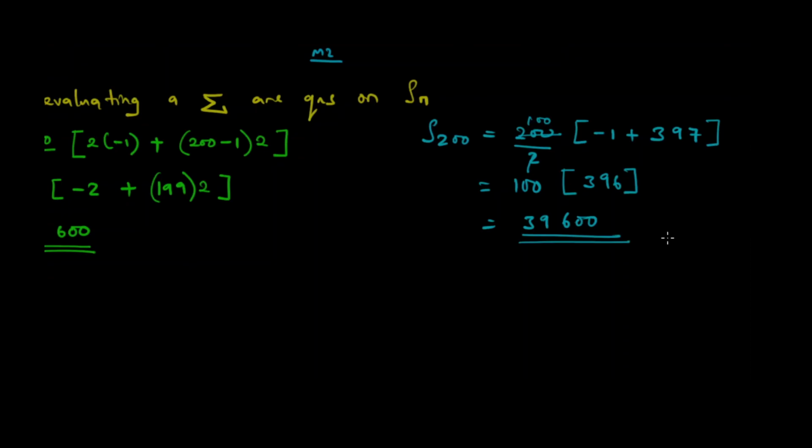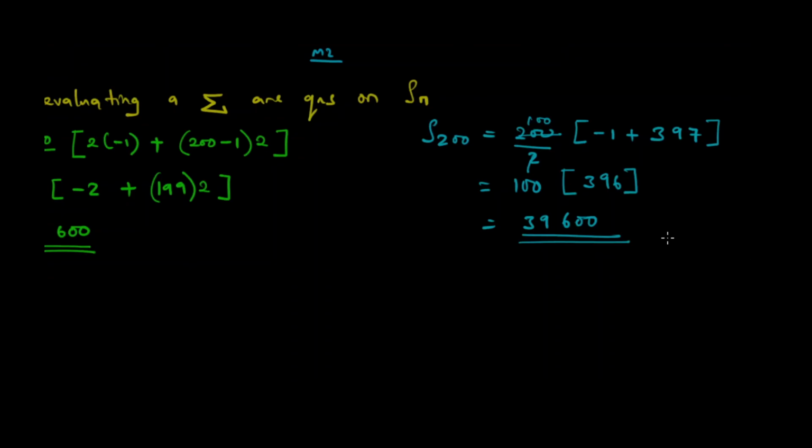If you did not grasp that part, please tell me in the comments so that I find a way of explaining it again. Then the second thing, method 2 is dangerous if you cannot evaluate that the last term is 397. Because we get the last term by taking the upper bound 200 into 2r minus 1, is it?